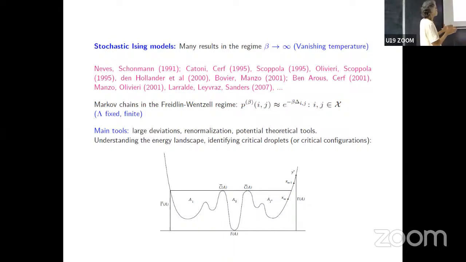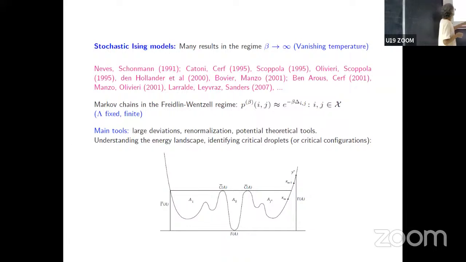When you are in the regime that beta goes to infinity, that means temperature goes to 0, things are frozen, and the H is fixed. And there I just wrote a list of people who have papers on that. As you see, if the volume is fixed, this corresponds to the setup of Freidlin and Wentzell, so-called chains in the Freidlin-Wentzell regime.